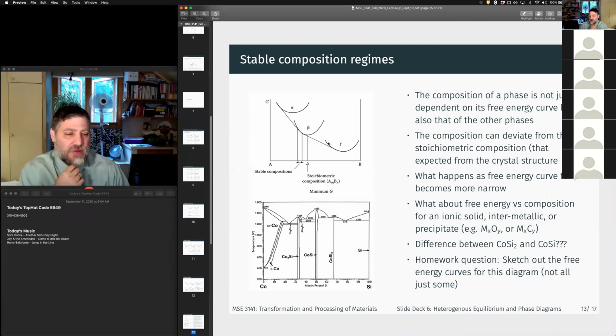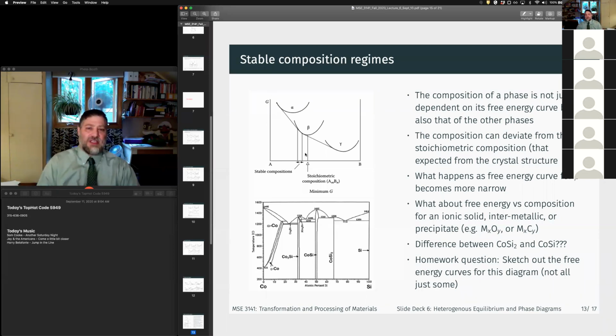This was brought out in your book: from the crystal structure, we would expect Al2Cu, aluminum 2 copper, but the way the free energy curves hit, we barely kiss that point. So most of the time, the precipitate that forms has a composition that is less than what we expect stoichiometrically, right?